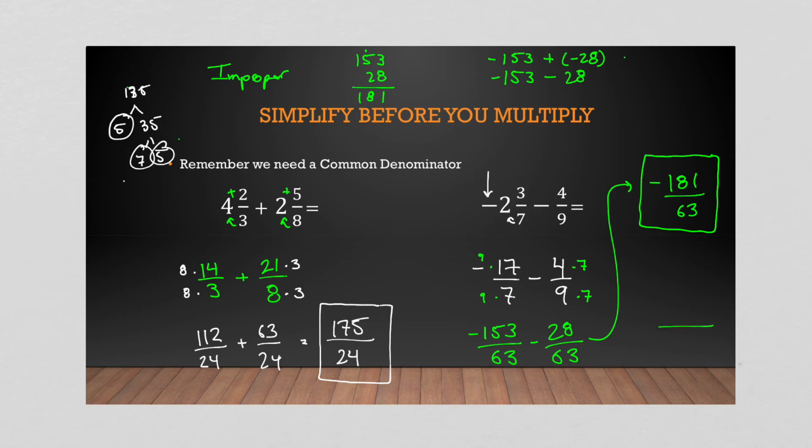The factors of 63 are 7 times 9, and the factors of 181 would have to cancel with one of those two things. But 9 is just 3 times 3. So if I can divide 181 by 7, it'll factor. If I can divide 181 by 3, it'll factor. But it doesn't work in these instances, so we cannot simplify my fraction.